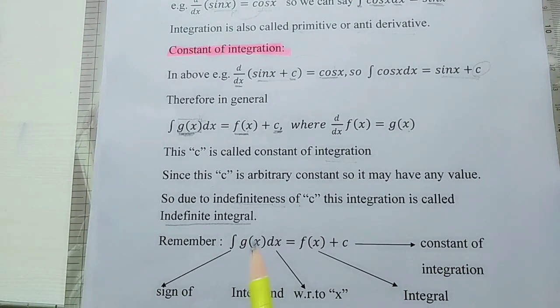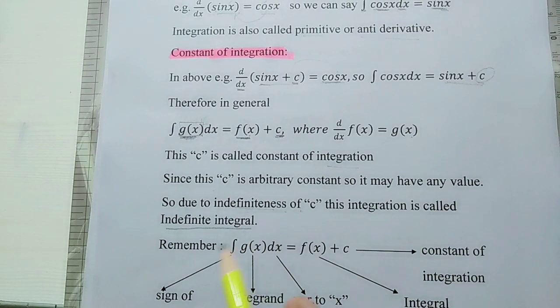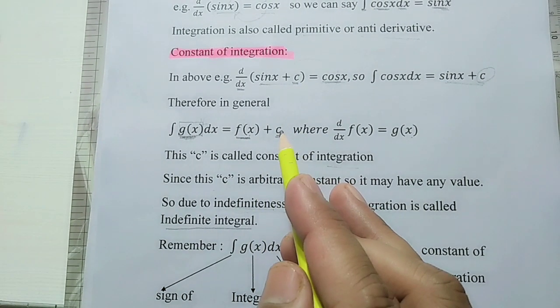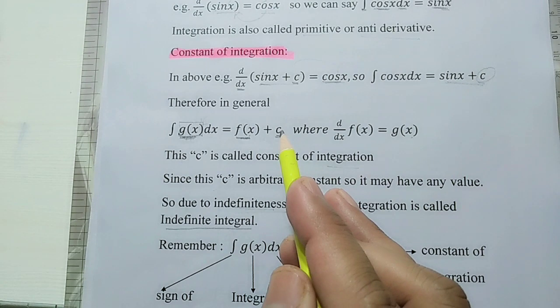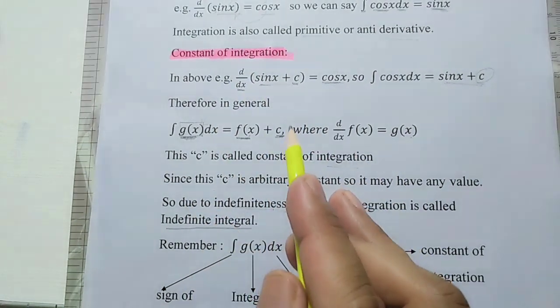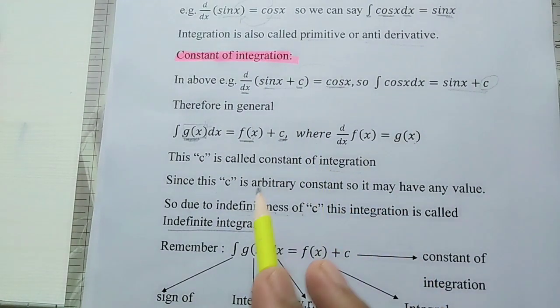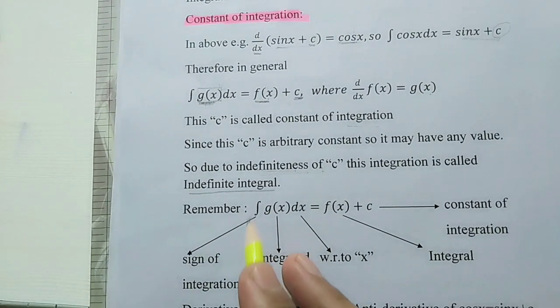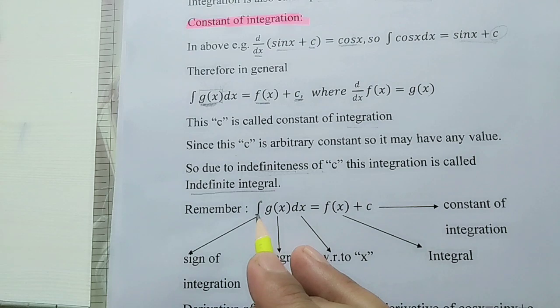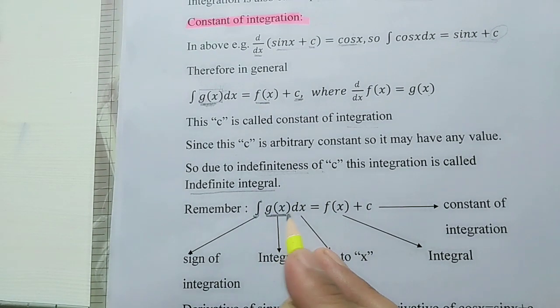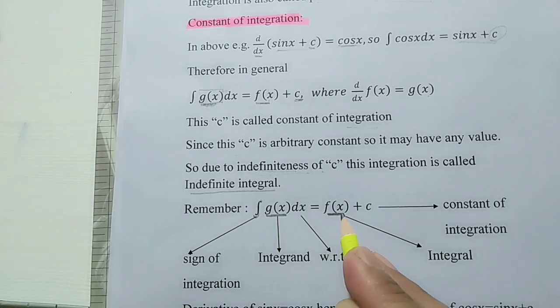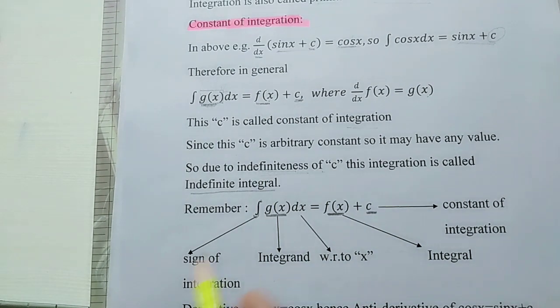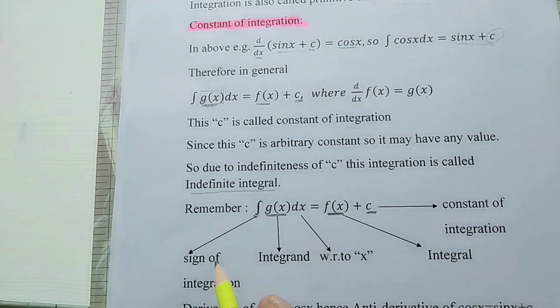It means while you are performing integration of anything, you will have to write the constant of integration. The constant of integration is necessary to write. It shows that we are performing indefinite integral. Remember, this is the sign of integration.